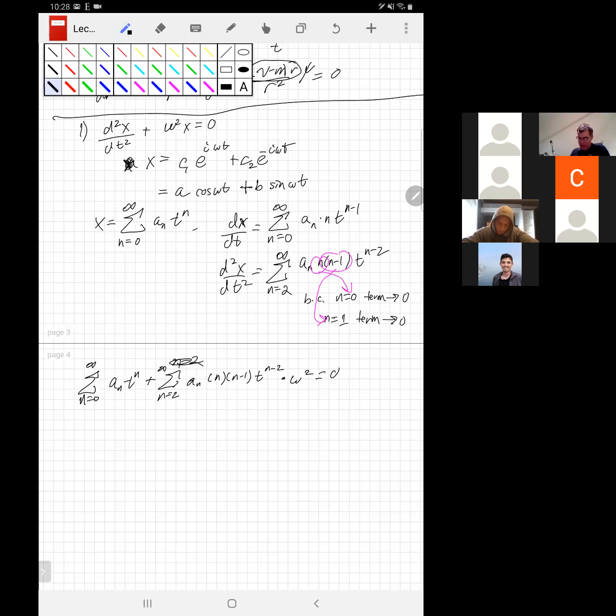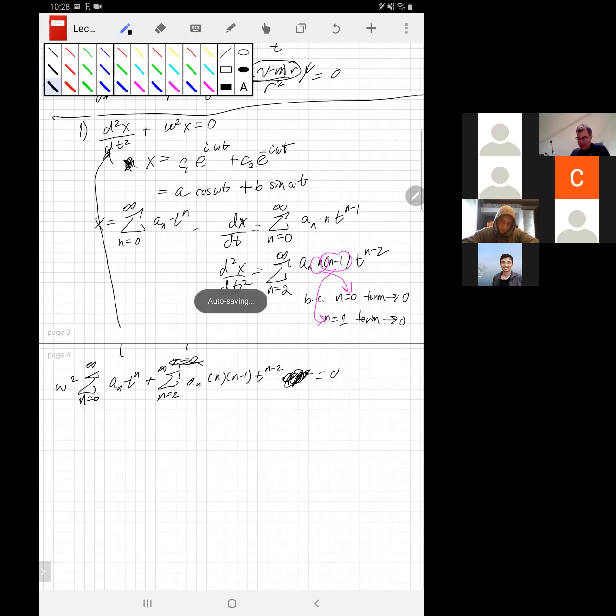That would be my differential equation. Oh wait, no, the omega squared would go down there, sorry. My bad. That would be my differential equation. That's what happens when you write the terms in reverse order. I could write it that way.